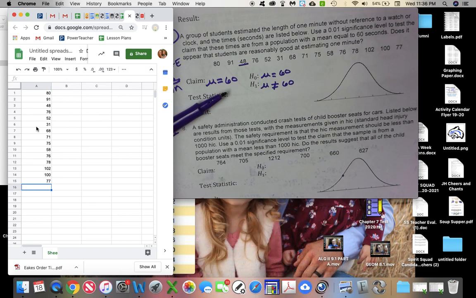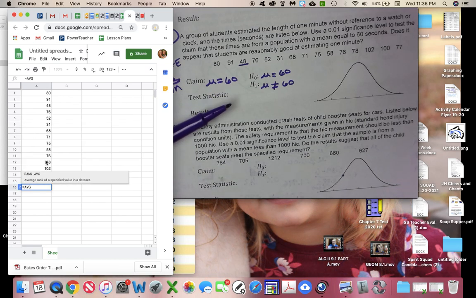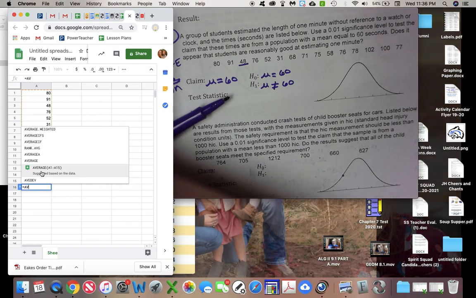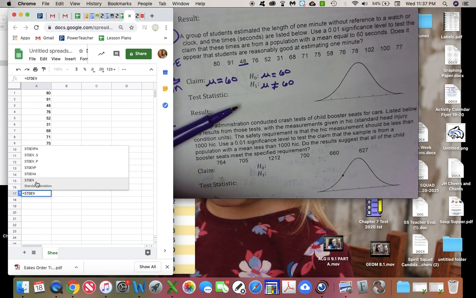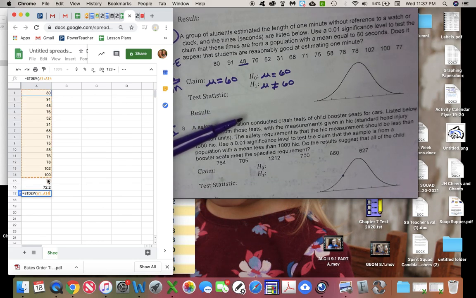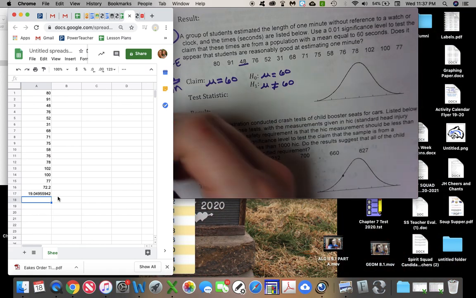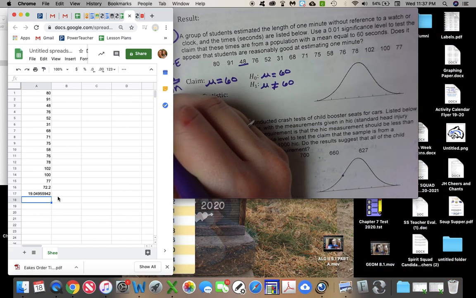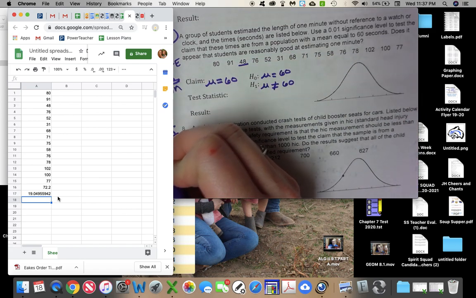Okay, so equals, I want the average of those. And then I want the standard deviation, equals STDEV, with the same set. All right, so for the average I have 72.2, and for the standard deviation I have 19.05, let's say.